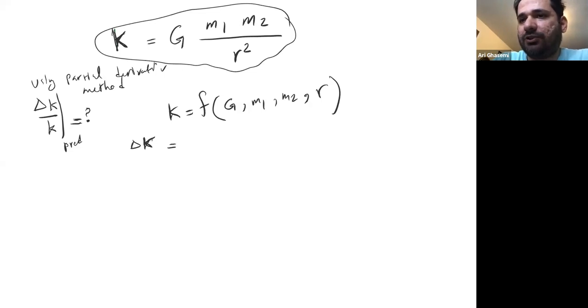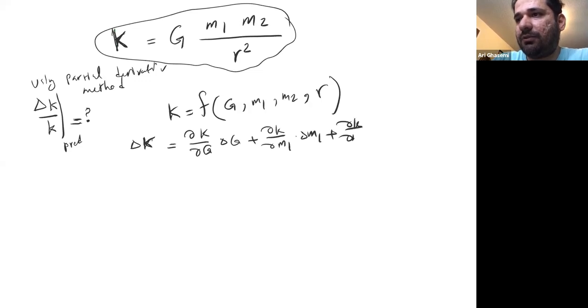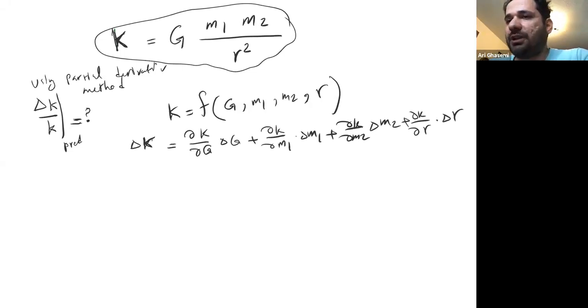You say the partial derivative of K with respect to the first variable, which is G, times delta G, plus the partial derivative with respect to the second variable, M1, times delta M1, and go on, partial K partial M2 times delta M2, partial K partial R times delta R. And don't forget, because we consider the worst-case scenario, you should take the absolute values of these terms, because we want the total sum. We don't want a negative term to subtract and reduce it, right?